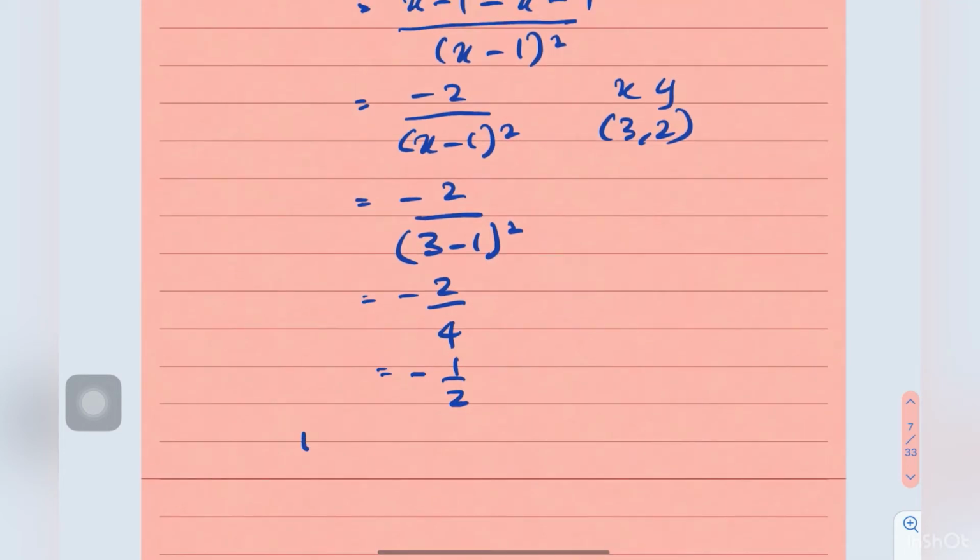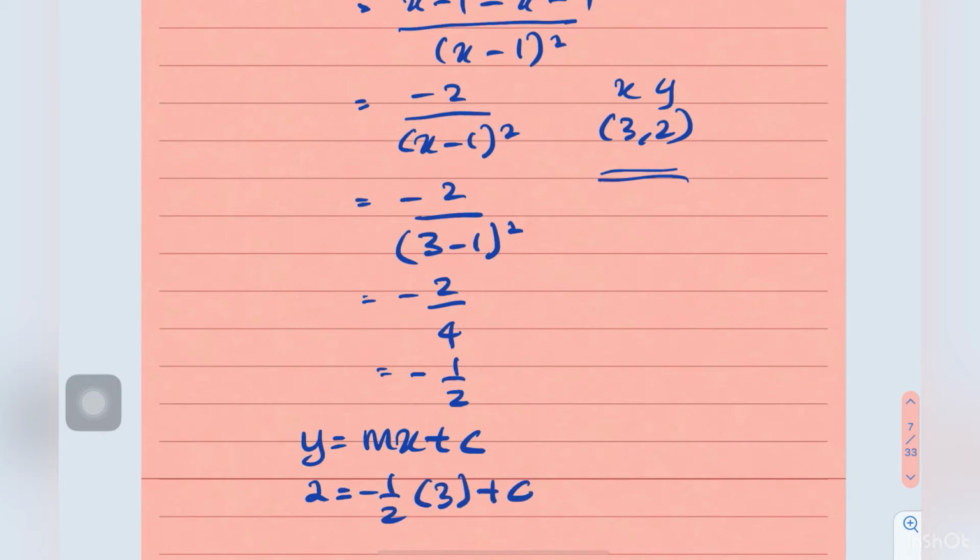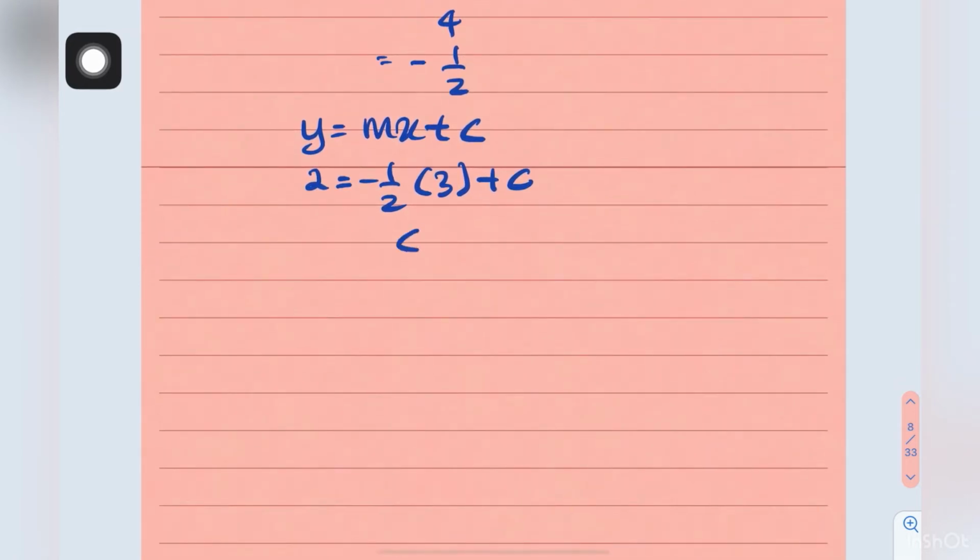So we substitute into y equals mx plus c, the straight line, because tangent is a straight line. So here we have the formula with point x and y. So y is 2, m is -1 over 2, x is 3 plus c. Okay, so therefore c is 2 plus 3 over 2.